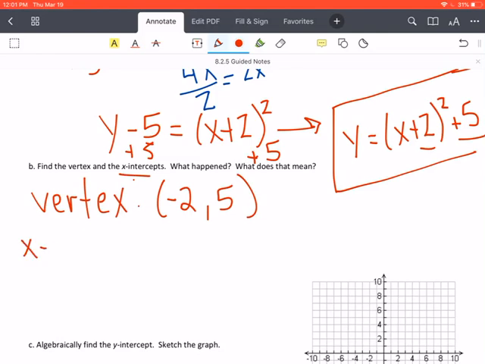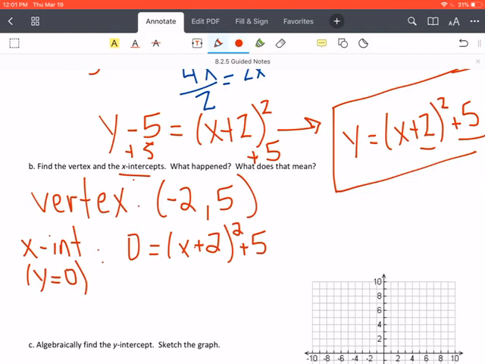And then x-intercepts. For x-intercepts, we know that y is always 0. We did this in the beginning of the lesson. So we have 0 equals x plus 2 squared plus 5. So to solve this, we solve by undoing, working outside in.